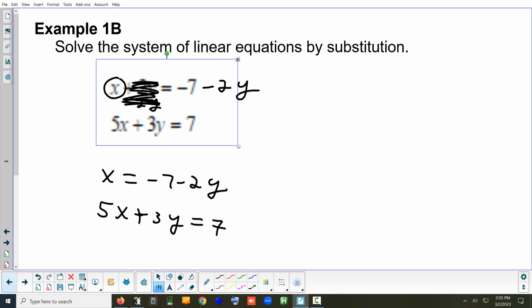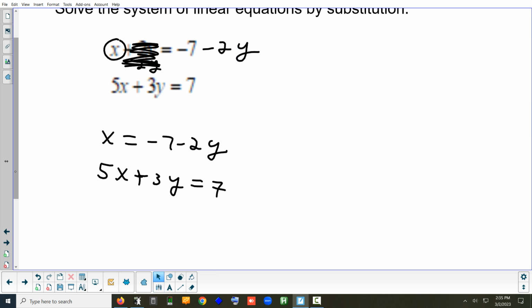Now, can anybody tell me what I'm going to put parentheses around in the top one? And can somebody else tell me what I'm going to put parentheses around in the bottom?